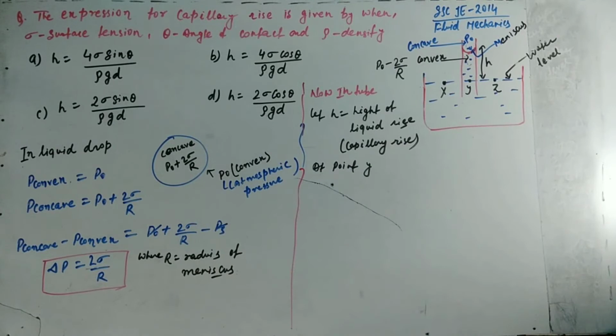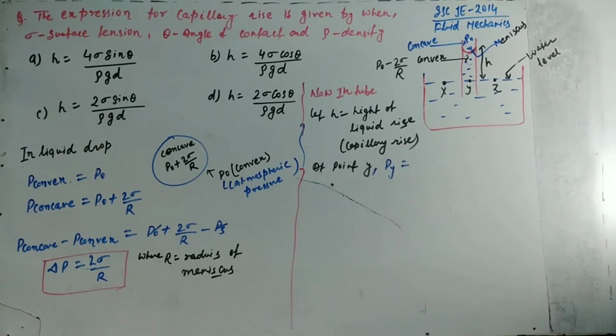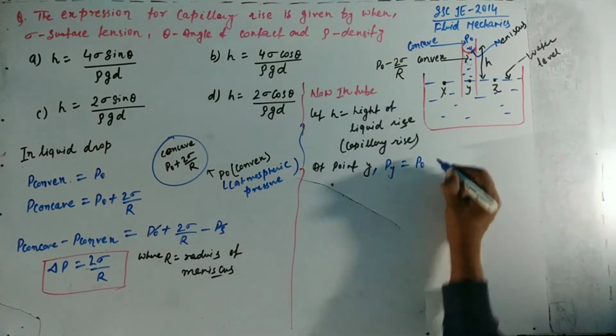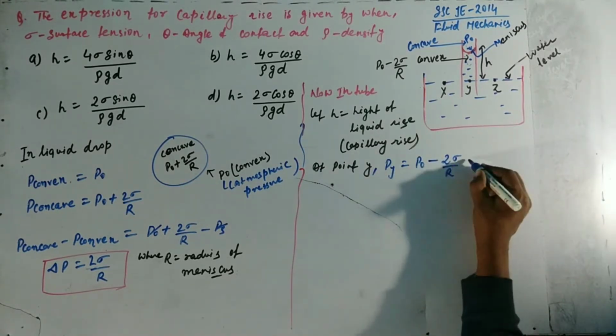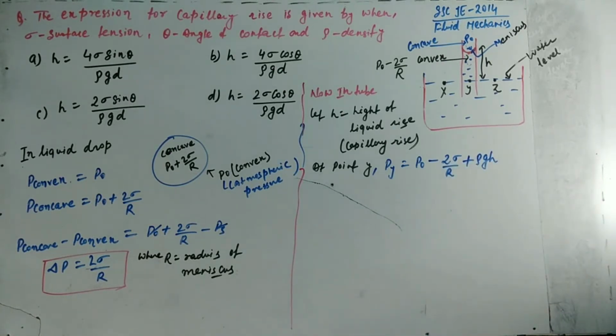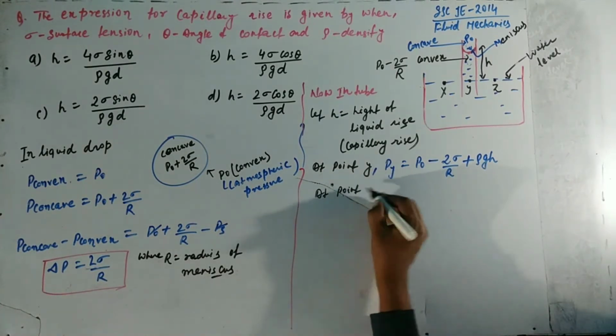Now we find the pressure at point Y. At point Y, Py equals P naught minus 2 sigma by R plus rho g h, because the pressure increases along the depth of the liquid.